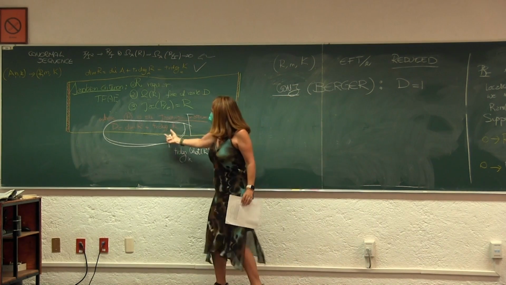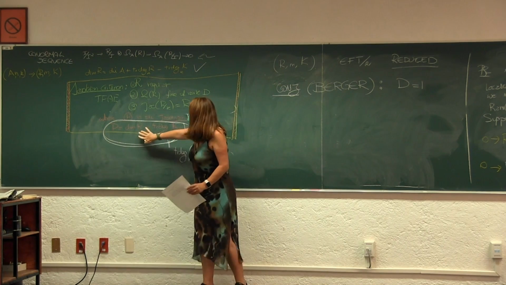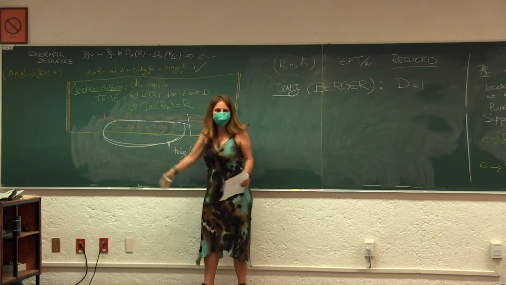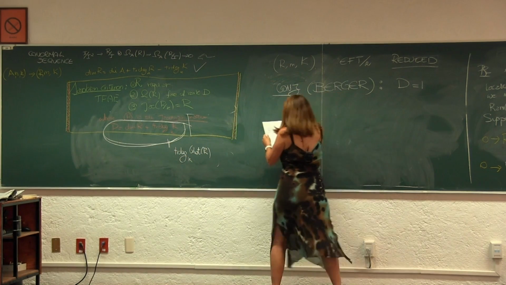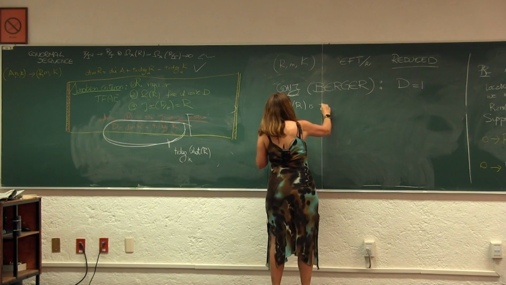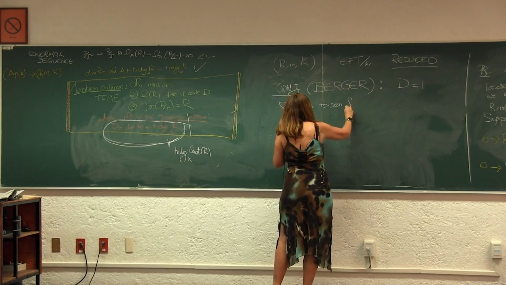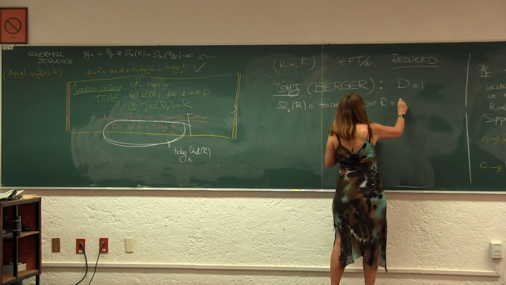And obviously, you can see immediately that it's actually reduced to the case of dimension 1, otherwise it's trivial. And the conjecture says that omega is torsion free if and only if R is regular.